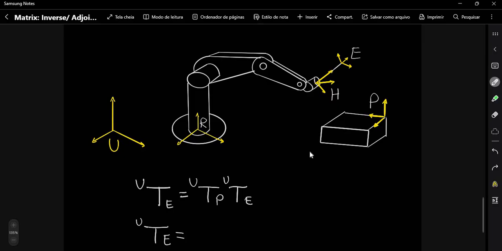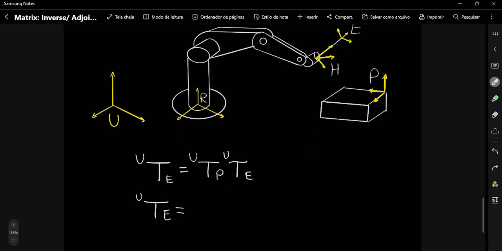Right here, each frame turns into a reference frame for the link to which it is attached. So let's write this first transformation.